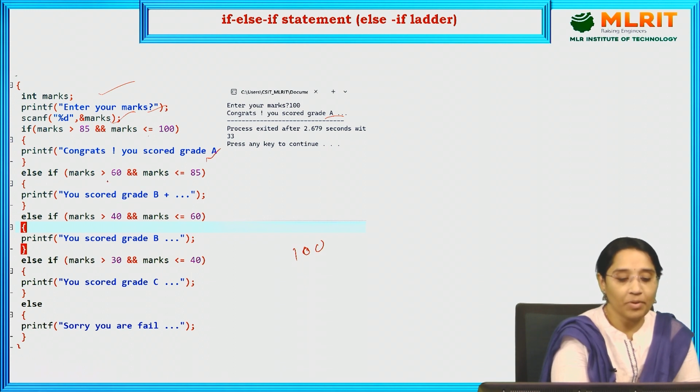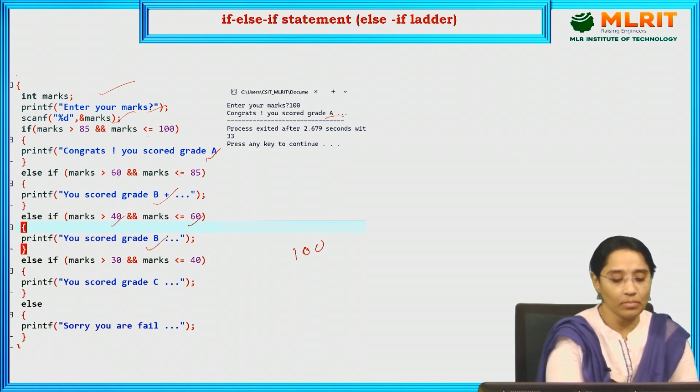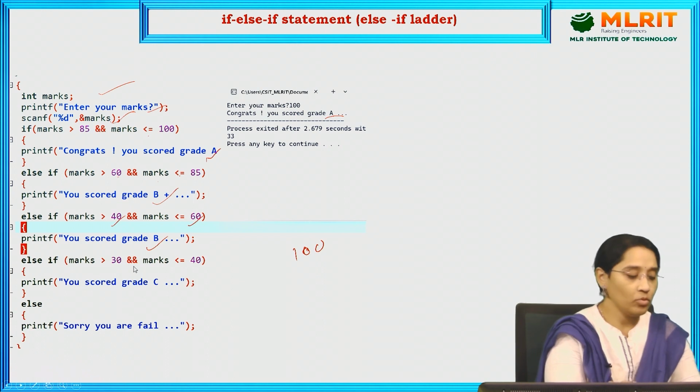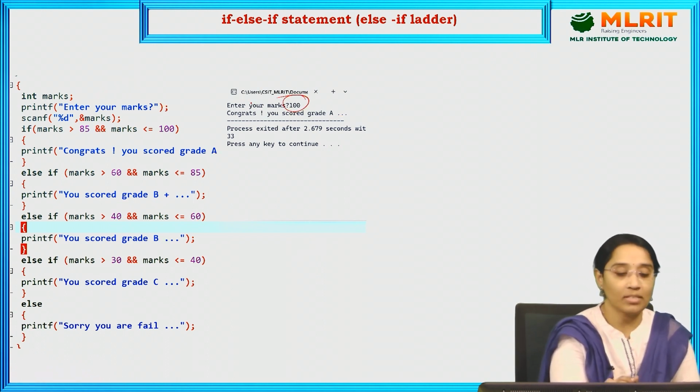Else if marks greater than 60 and marks less than 85, B plus. Else if we have taken marks greater than 40 and marks less than 60, grade will be B. Let's take this example. Here I have given the input as 100.